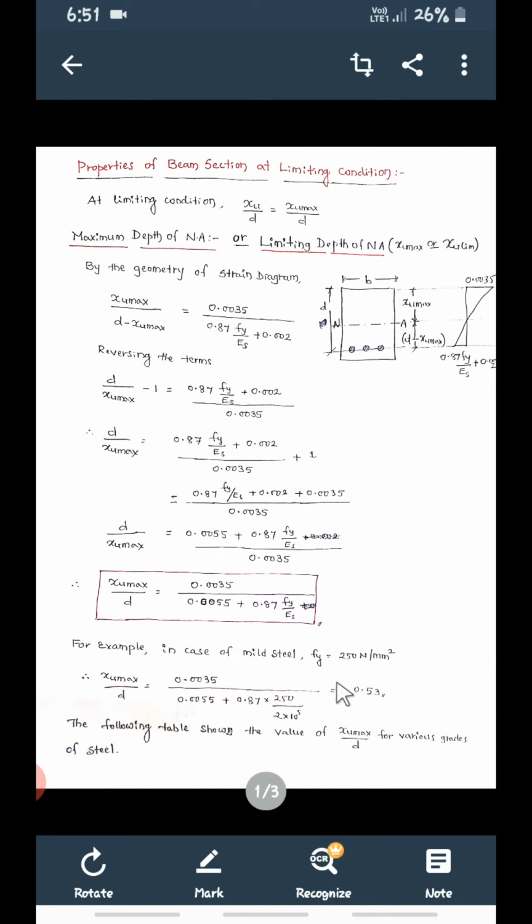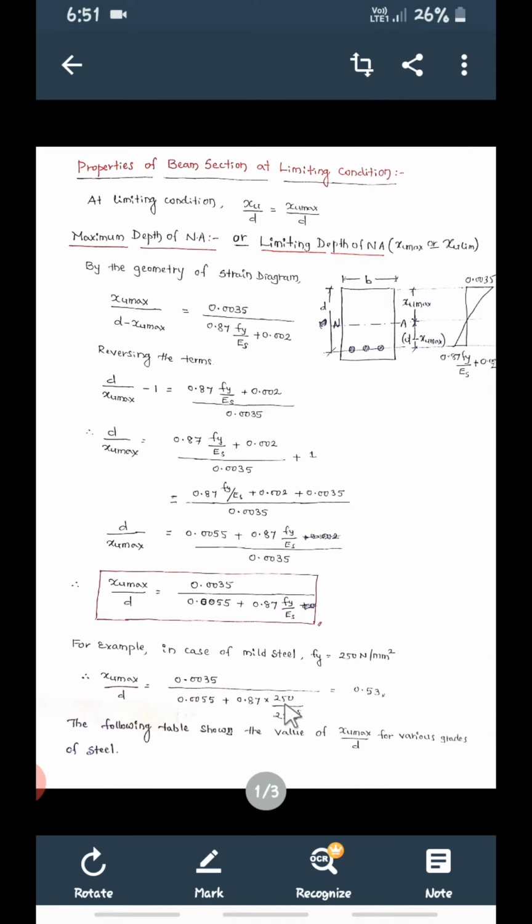So for these 3 grades of steel, what will be Xu max upon d? It can be simplified. Xu max upon d is equal to 0.0035 divided by 0.0055 plus 0.87 into Fy. Now for the 3 grades you can substitute 3 different values.